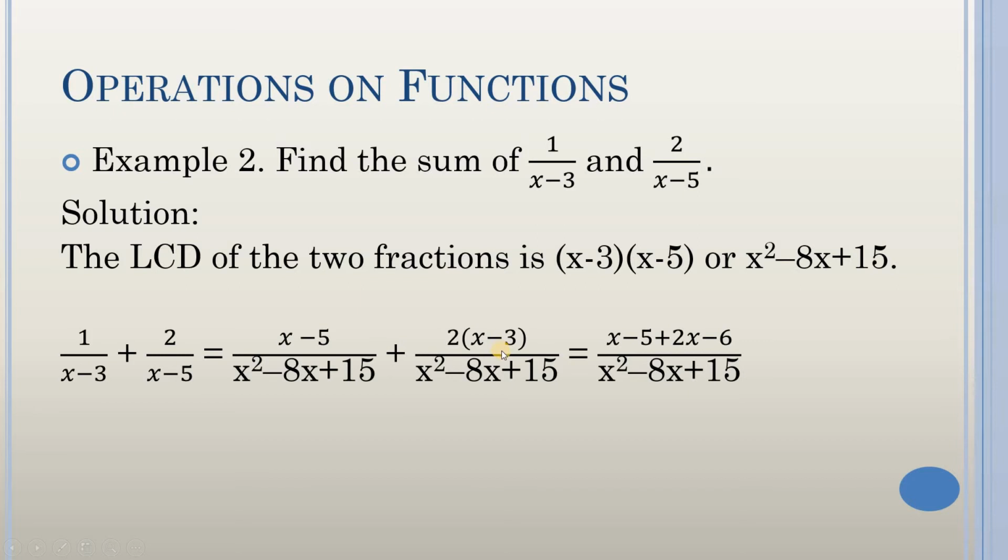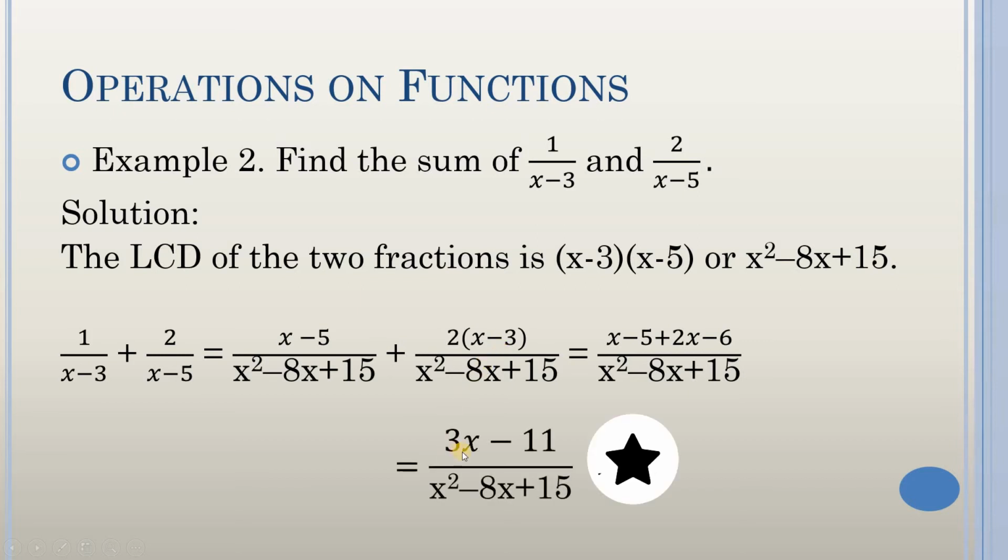It gives a result of 3x minus 11, because we have 2x plus x, 3x, then negative 5 plus negative 6, negative 11.